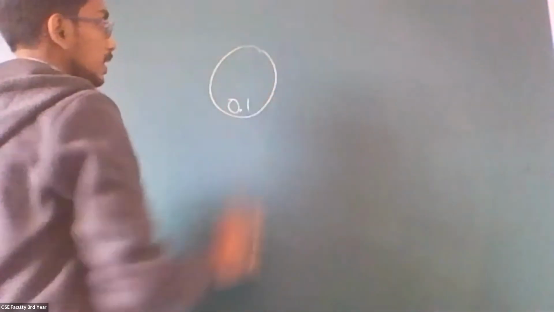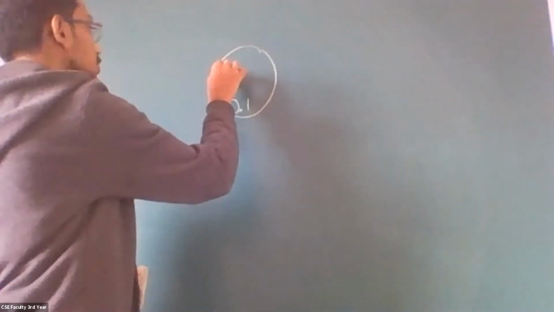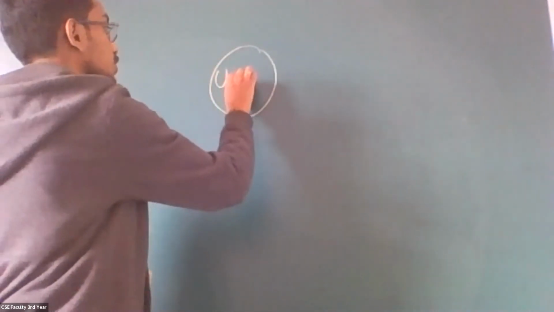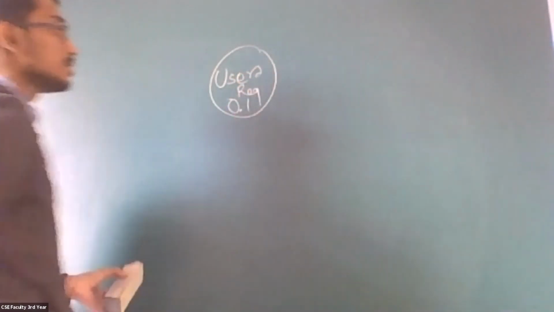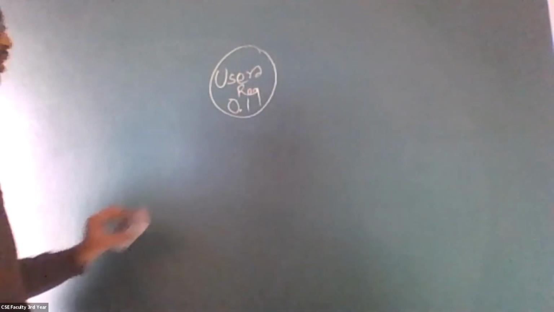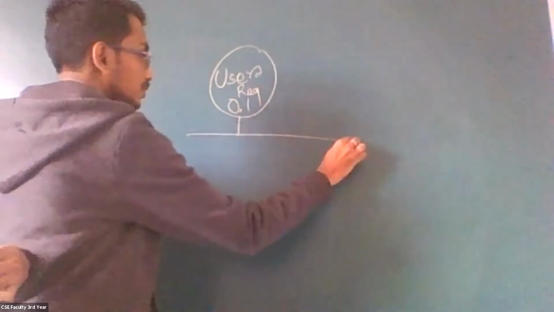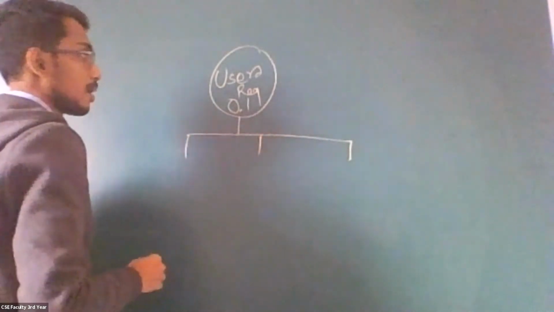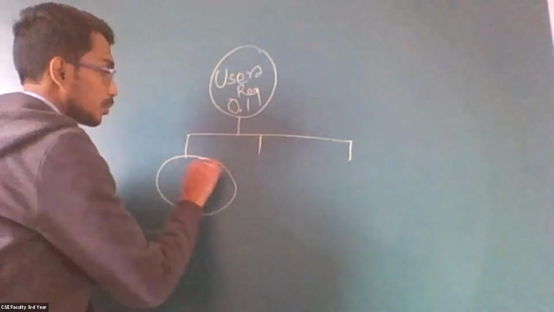Suppose this is the 0.1 process, and the name of the process is user request. This is 0.1, and this user request process has sub processes.